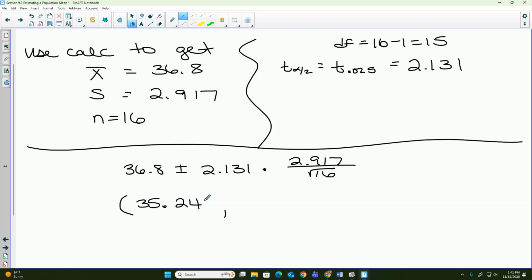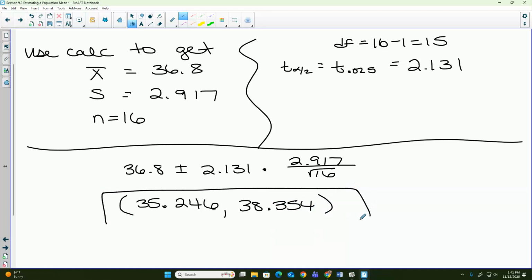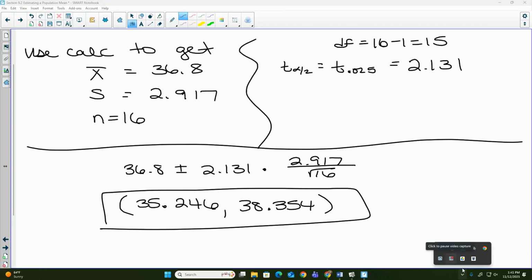If we round it to 3 decimal places, I get the exact same thing I had the first time. It does give us a few more decimal places, but if I round to 3. Any questions there? Okay.